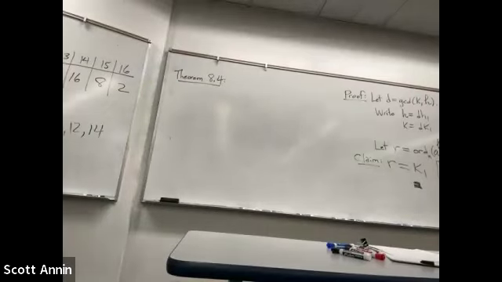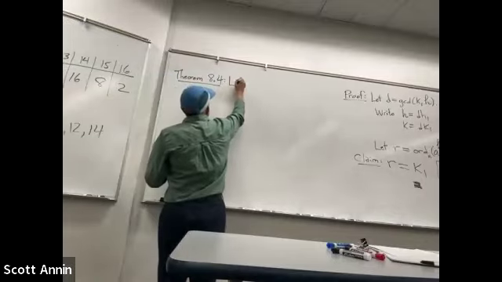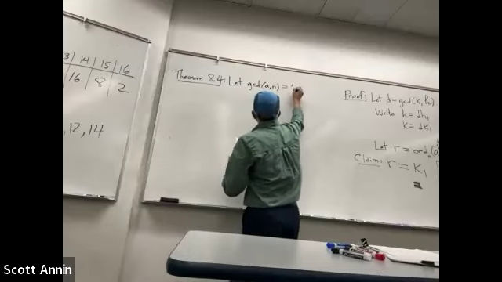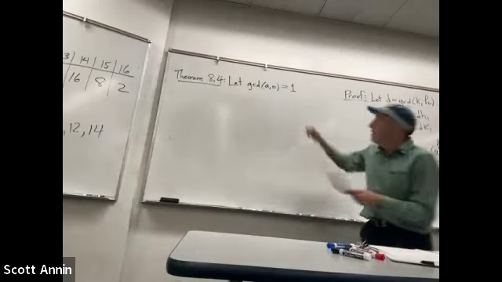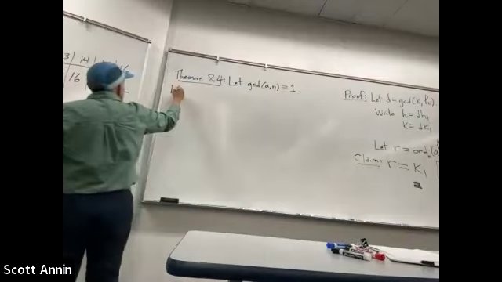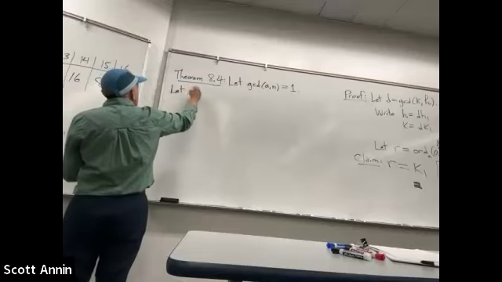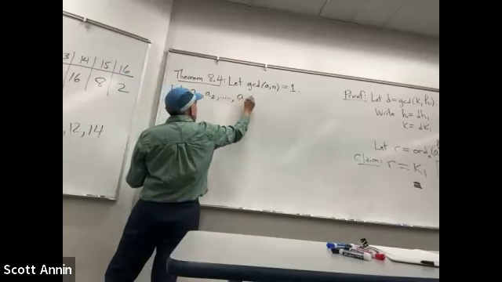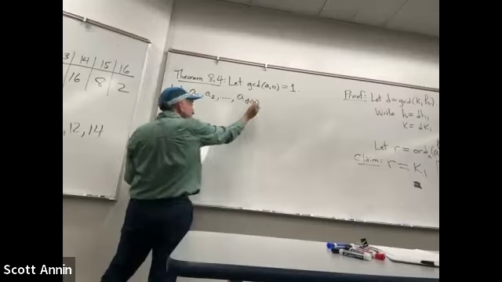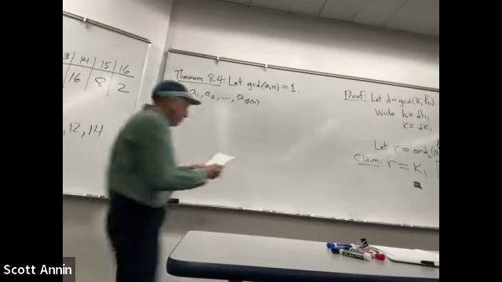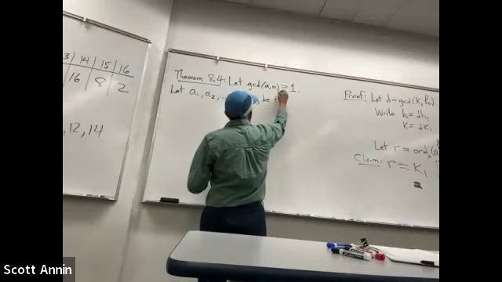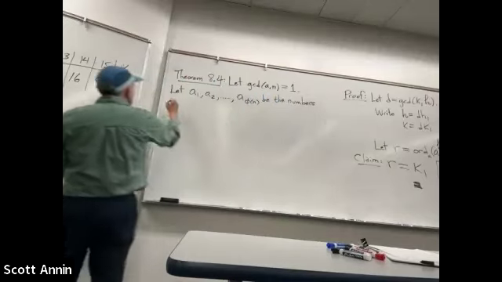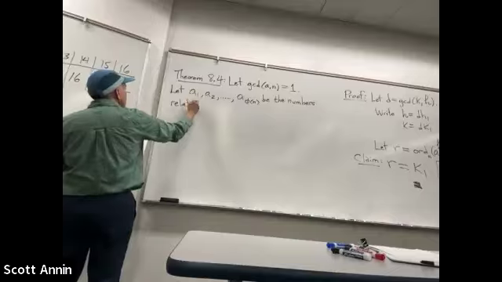So theorem 8.4. As usual, we're going to let the GCD of A with n be equal to 1, like always. And then I'm going to let A1, A2, dot dot dot, A sub phi of n be the numbers relatively prime to n.